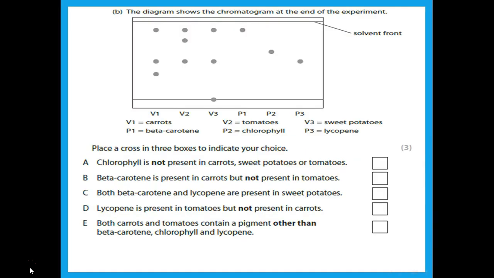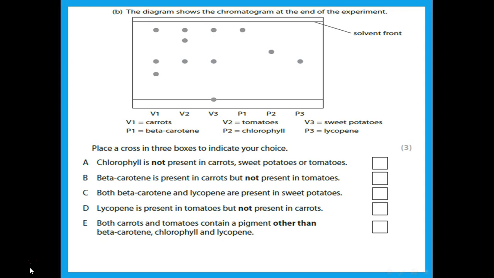Okay, this is a copy of the diagram again of the chromatogram, and he's saying place a cross in 3 boxes to indicate your choice. So he's saying 3 of these statements are correct. Which ones are correct? So let's take them one by one. He's saying chlorophyll is not present in carrots, sweet potatoes, or tomatoes.